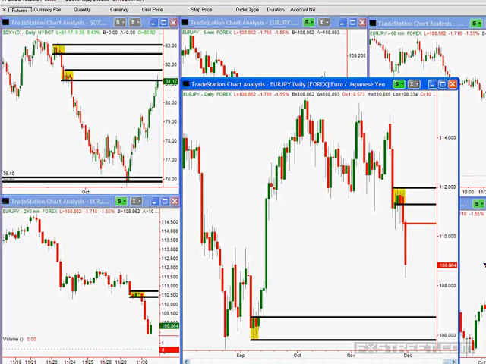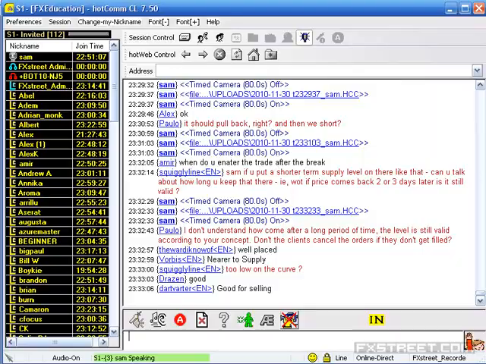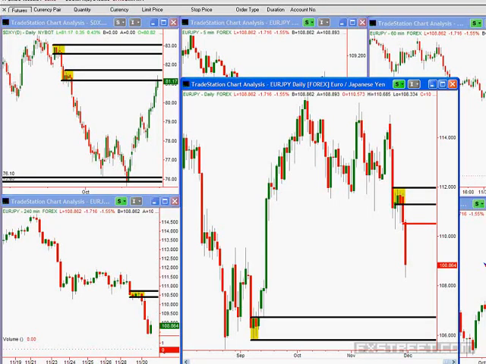Yeah, I would agree with you. It's well-placed, right? Is it near larger time frame supply or near larger time frame demand? It doesn't have to be near larger time frame supply, but it cannot be near larger time frame demand. That's the big thing, okay?